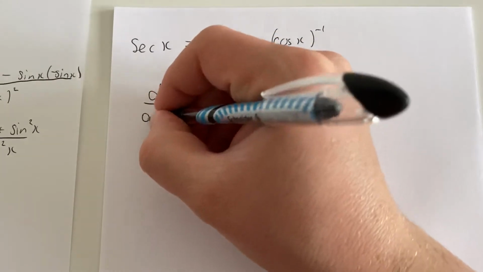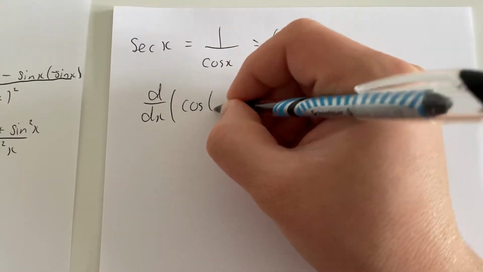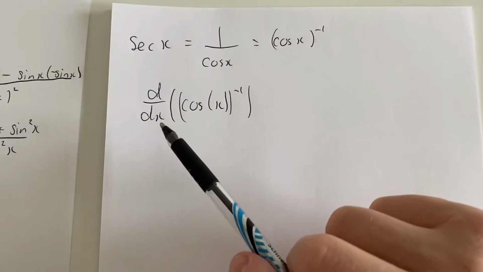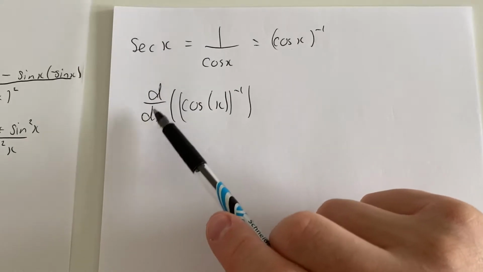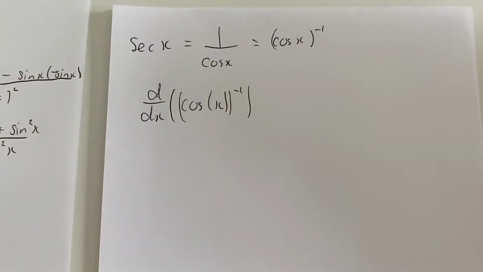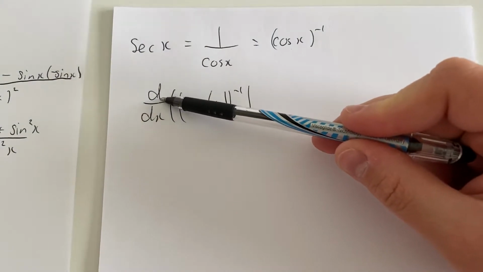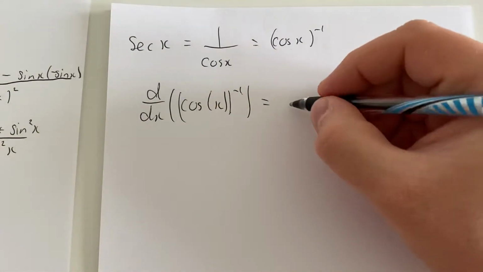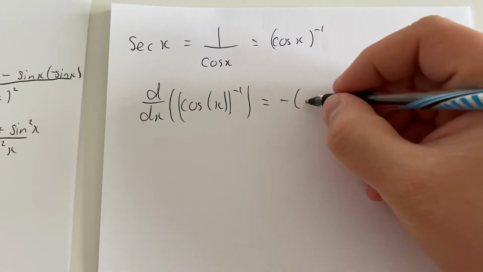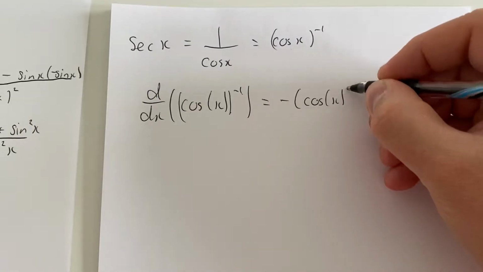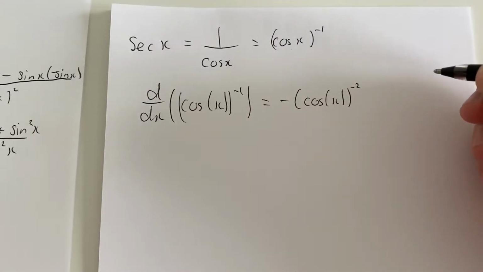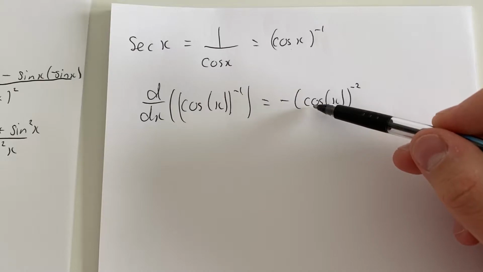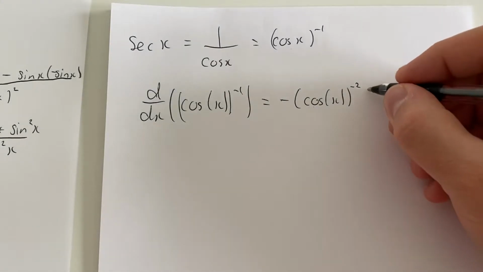So if I differentiate this, now I might not have shown you this notation before, but if you put d by dx, brackets, whatever you want to differentiate, that mathematically means the differential of this. So you multiply by the power, lower the power by 1, and then multiply by the differential of what's in the bracket, so you have cos x, that differentiates to minus sine x.